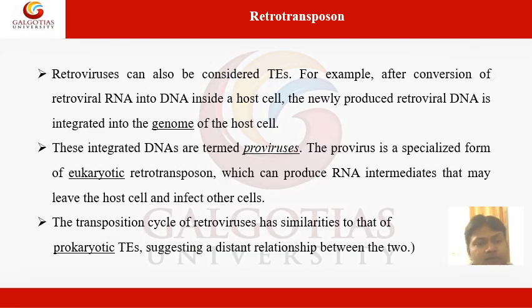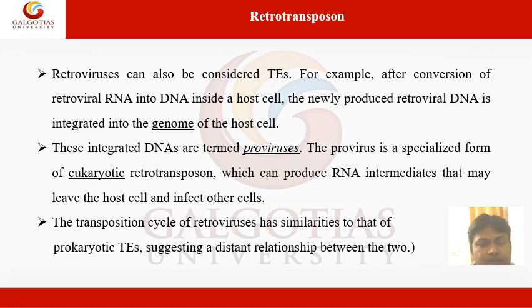The retroviruses can also be considered as TE elements. For example, after the conversion of the retroviral RNA into DNA inside a host cell, the newly produced retroviral DNA is integrated into the genome of the host cell. These integrated DNAs are termed the provirus.